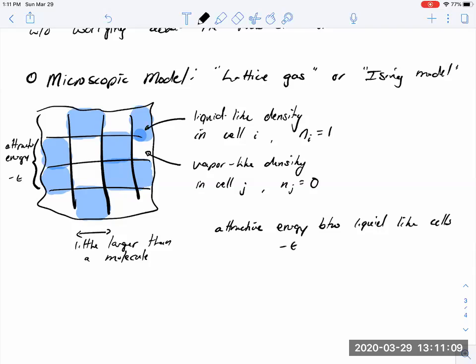That's meant to represent that if I have a molecule in one of those cells and another molecule in one of those cells, well, in general, they're going to interact in some favorable way. And if those interactions are dispersive interactions, things like what one would imagine would be relevant for condensing methane or argon, those interactions are short range, so we imagine that the energy is only associated with attractive interactions between liquid-like cells that are neighbors.